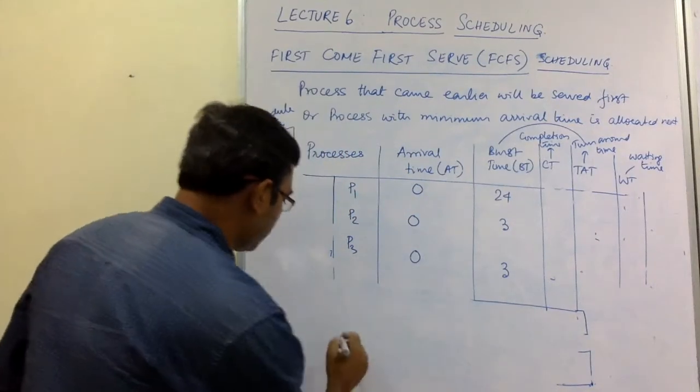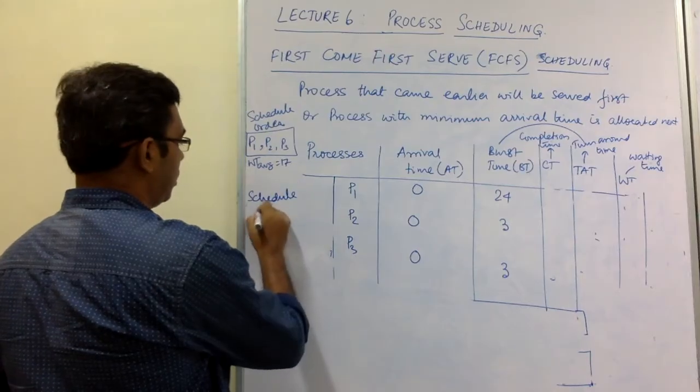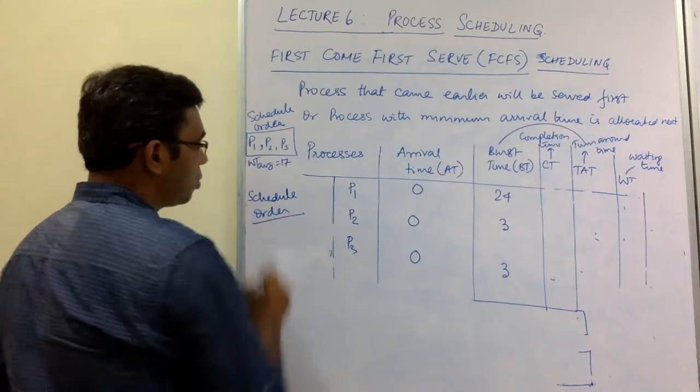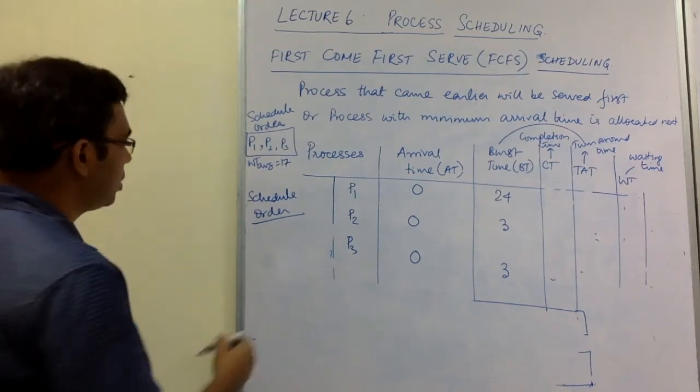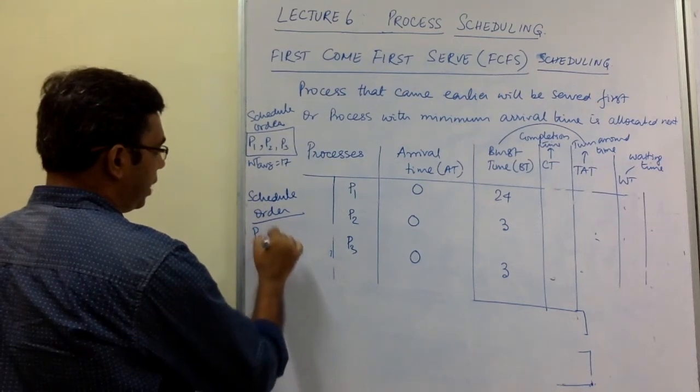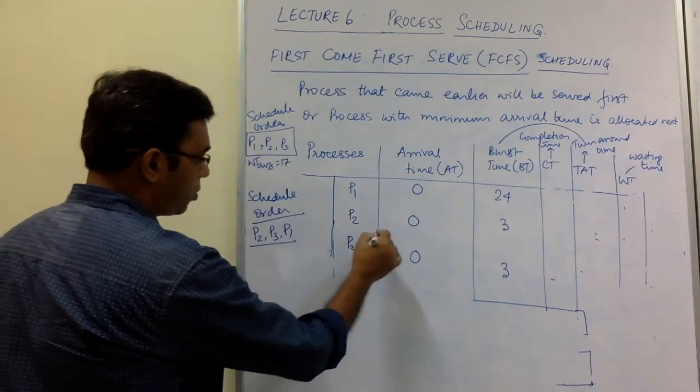So let's take the schedule order to be maybe P2 first, then we'll have P3, and then we'll have P1. So let's do it this way.